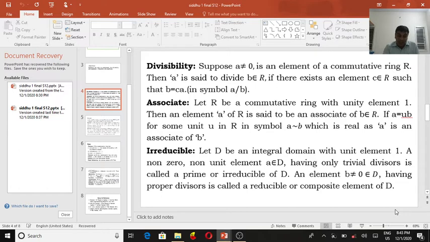So 3 and 5 are proper divisors. This is called reducible, or a composite element of D. So only a prime is called irreducible of D, and other than prime, a composite is called reducible of D.